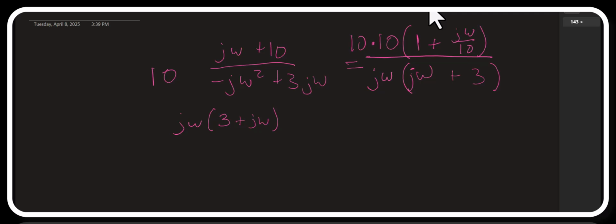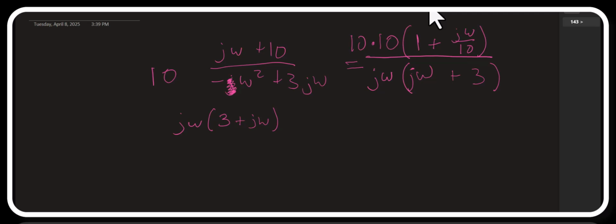I just needed this to be minus omega squared. That's what I needed. So I'm going to have to remember that on my other problems. If I have a minus omega squared, but I need a j omega in my problem, then when I factor out a j omega, that gets me what I wanted.